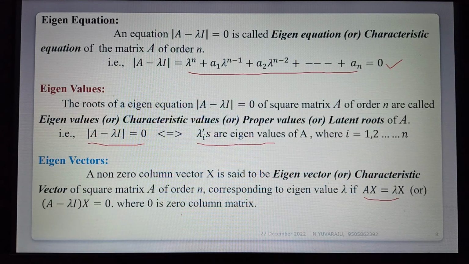Then x is called the eigenvector corresponding to lambda.